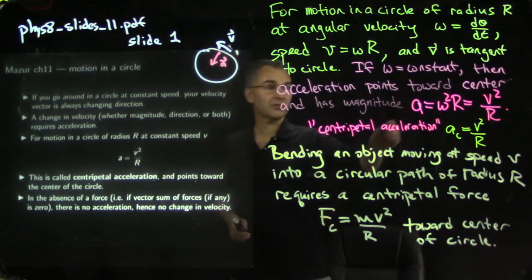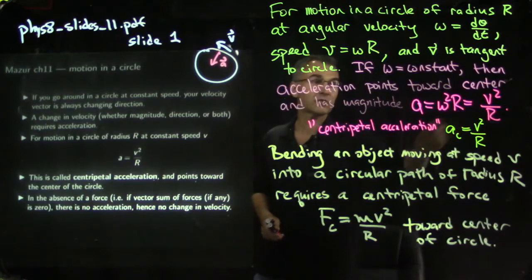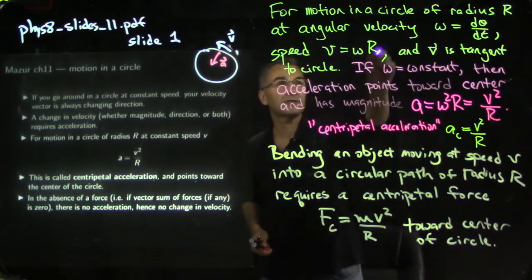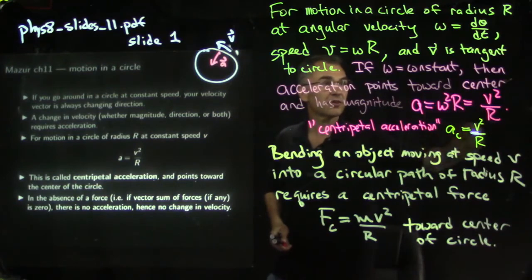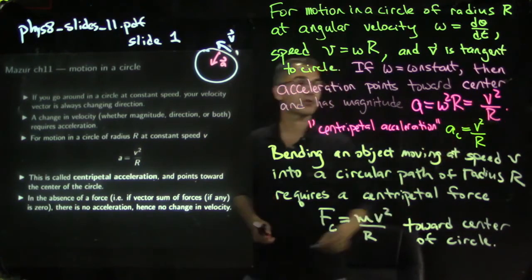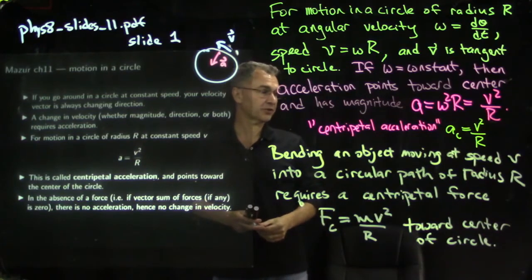That is identical to omega squared r, because you can just plug in v equals omega r, and you can see these two expressions are the same: omega squared times r, or v squared over r. There are different times when one or the other will be more convenient.